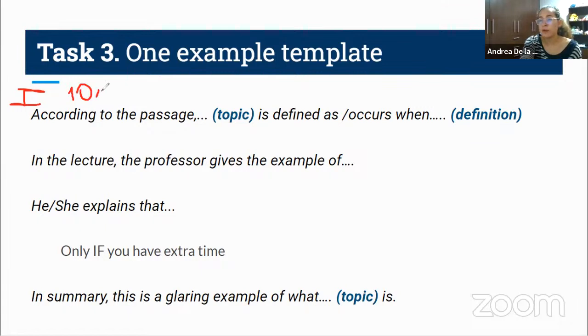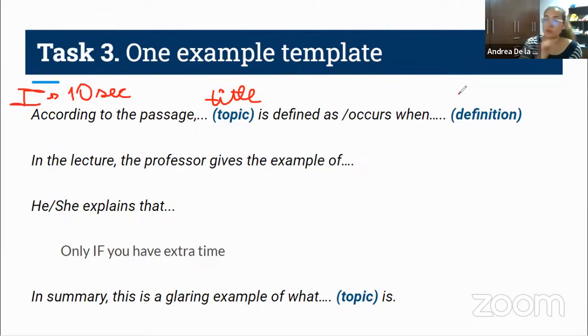This is one very common mistake, spending too much time in the introduction, but 10 seconds is the most you can spend. In your introduction, you are going to mention the topic, AKA the title you have in your notes, and define the concept using the definition you got from the reading.